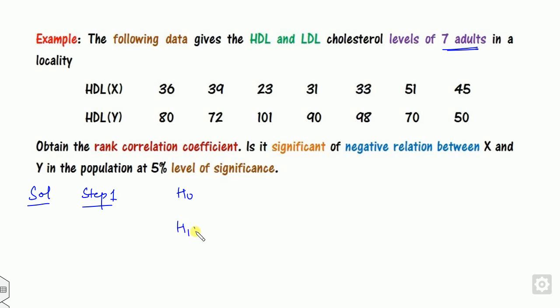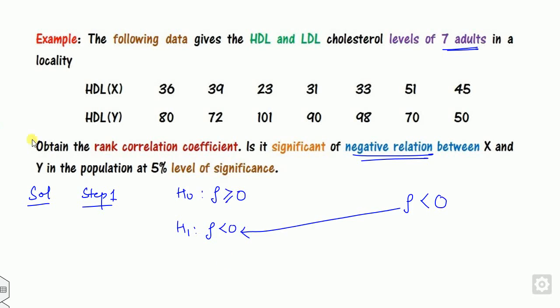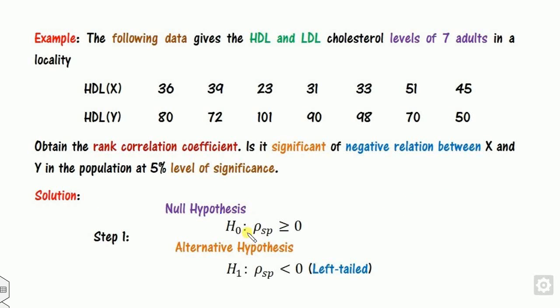What is given in this statement? You have to check whether there is a negative correlation coefficient. Since there is no equality in here, this is my H1. What is the opposite of this? Greater than or equal to 0. So this is my null hypothesis and alternative hypothesis. This is a left tail, that is called the one tail.